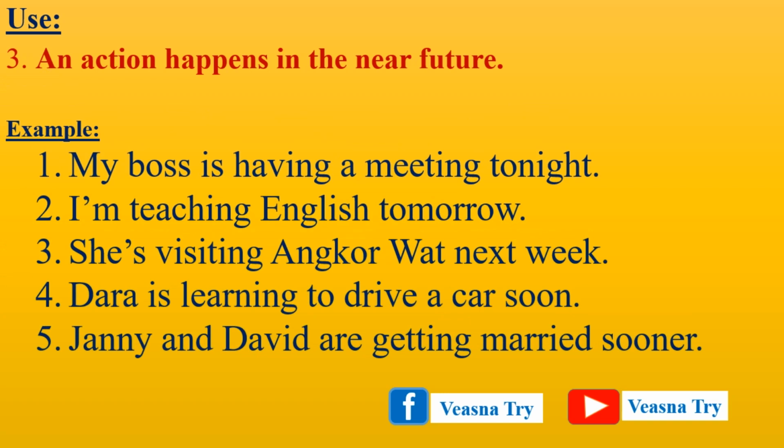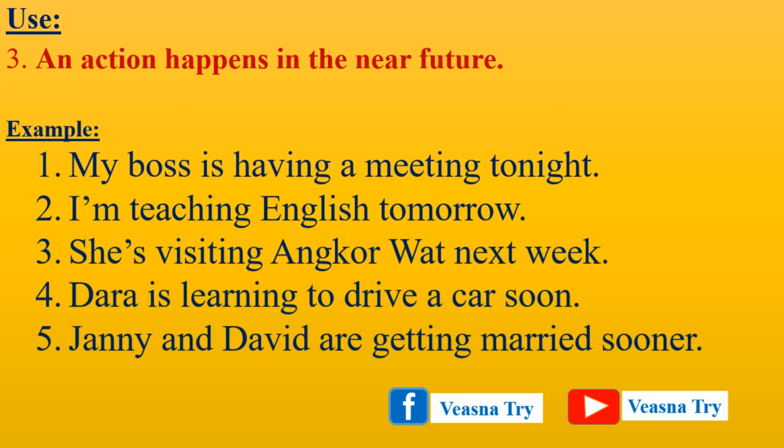So can you look at all the time expressions in each sentence, like the word tonight, tomorrow, next week, soon, and sooner are not yet happening, right? So it's about the near future. So we can also use present continuous for the near future.